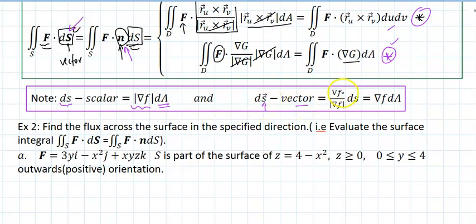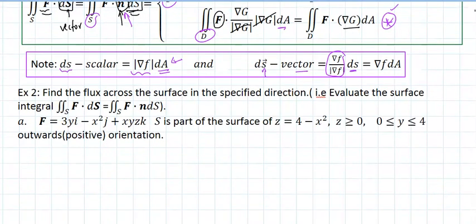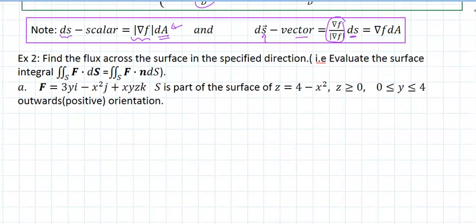That is the normal vector multiplied by dS, which is magnitude times dA, or if it's a vector, the magnitude of the cross product times dA. And notice, I do convert from S to D once I go to that area where D is the domain in which the surface is defined.